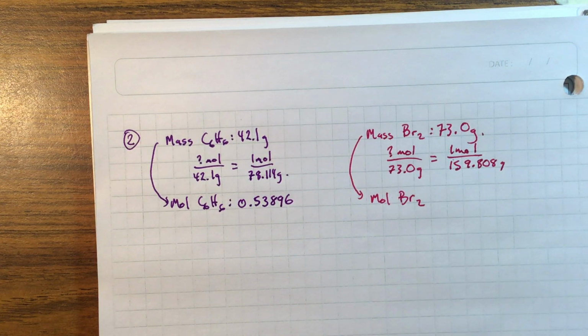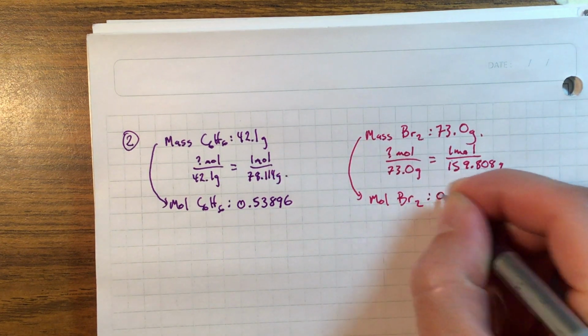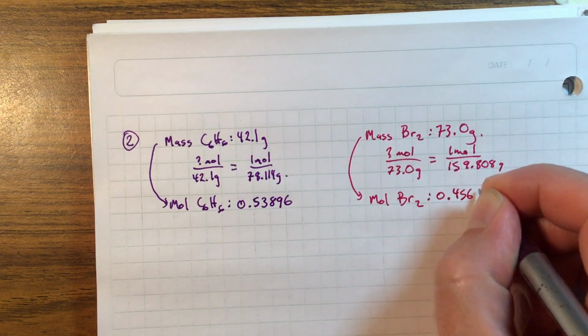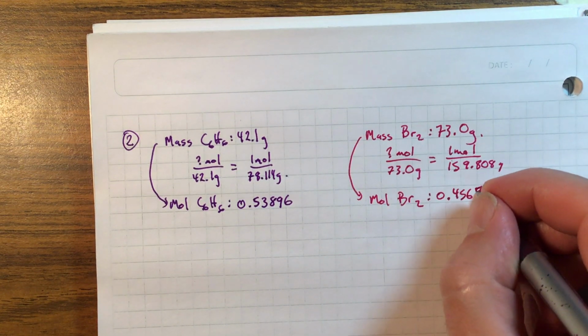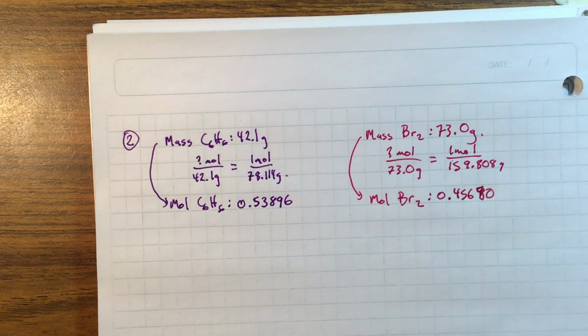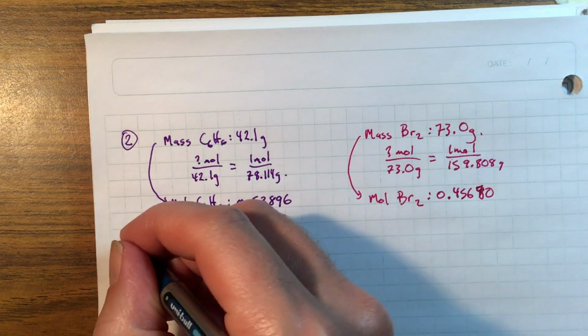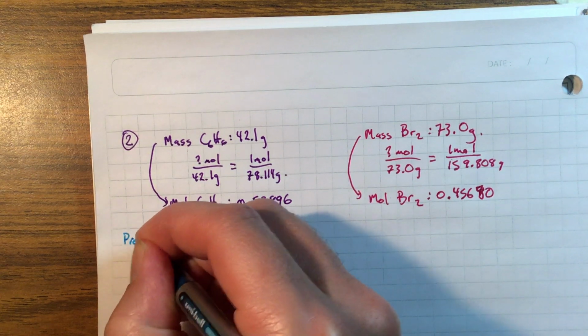So 73.0 divided by 159.808, 0.45680, that's rounded to 5 sig figs. I've got the whole number in my calculator. All right, so now we're going to do our pretend, and this will be pretty easy.